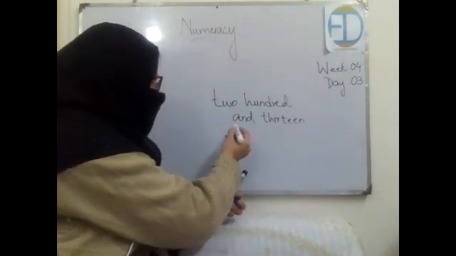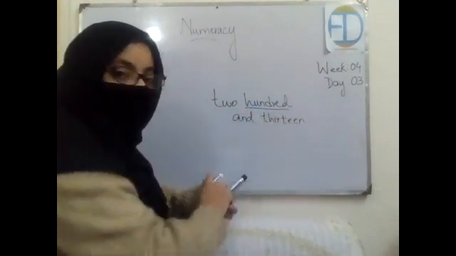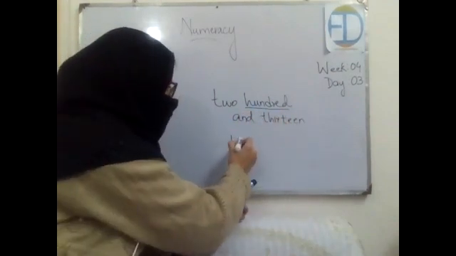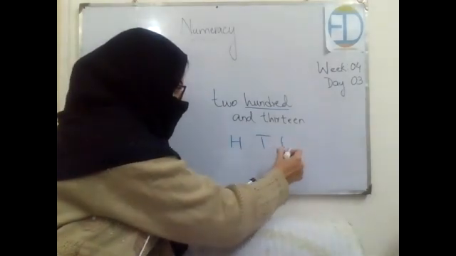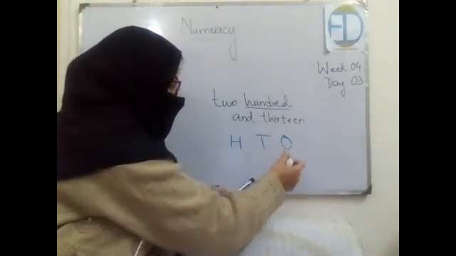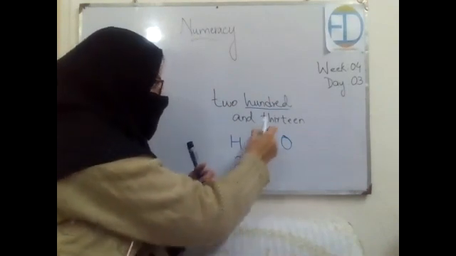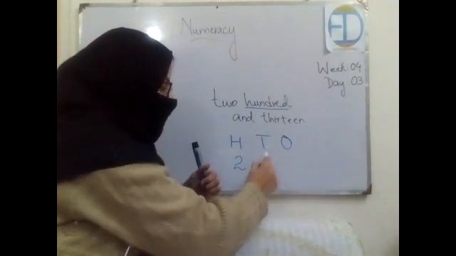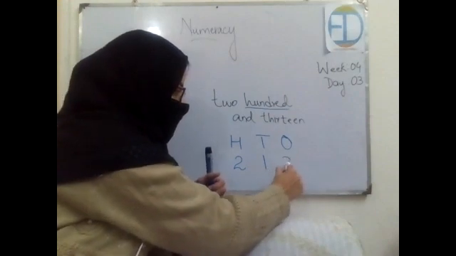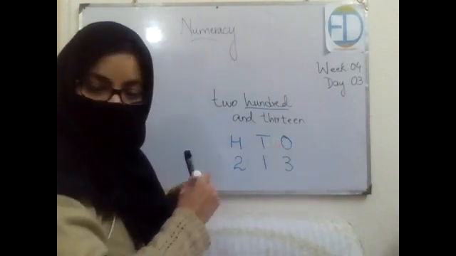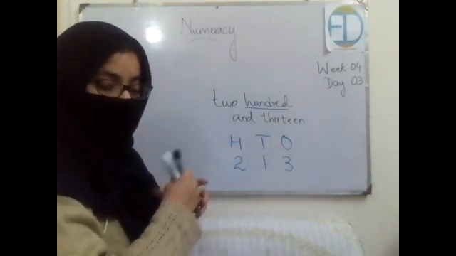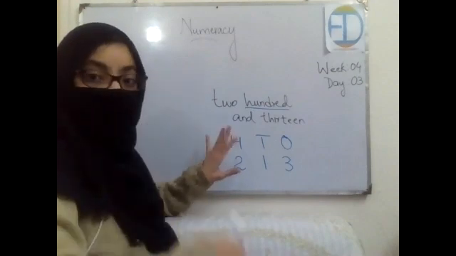Okay, first write the values. What is the highest value? 100. So 100, 10, and ones, right? Now, see how many hundreds? 200. And what? 13. So this means 1 and 3. Got it?